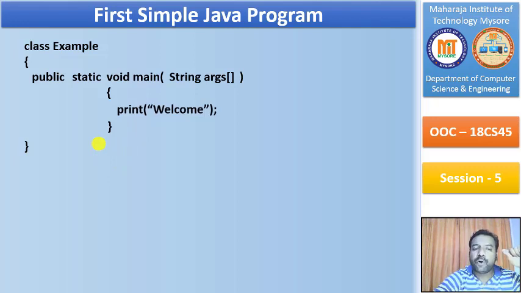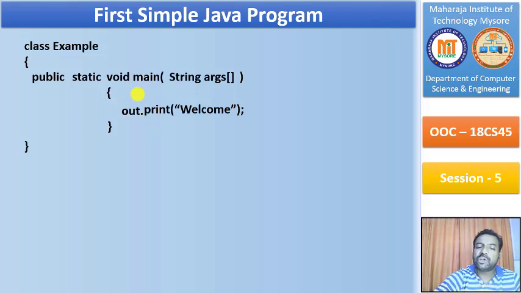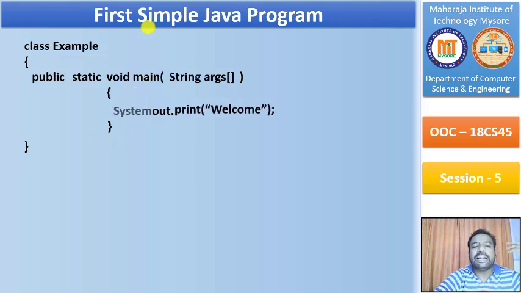So I am going to use the object out, the dot operator, and call the member function, because as we all know, a member function should be called with a dot operator and a calling object. This object is in turn the inner class of a system class, and that is what we have, again a default object called System.